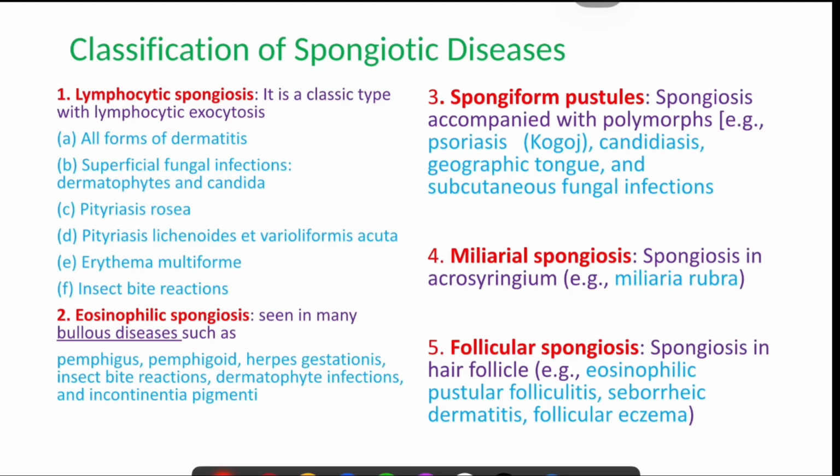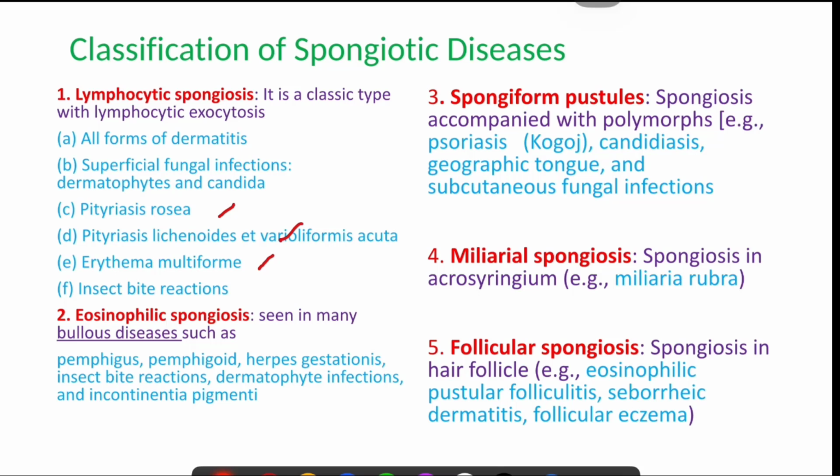So the classification includes, one, lymphocytic spongiosis, where lymphocytes are present, or exocytosis of lymphocytes in the epidermis. Almost all forms of dermatitis have lymphocytic spongiosis. Second, some fungal infections like dermatophytes and candida, pityriasis rosea, erythema multiforme, insect bite reactions.